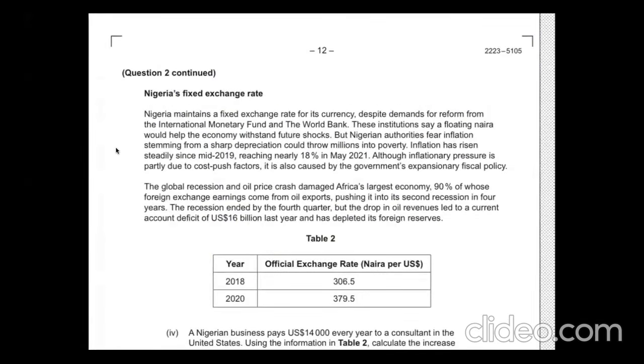341,528. The following information is about Nigeria's exchange rate market, where it adopts a fixed exchange rate system. Okay. So even if the IMF is recommending that it transform its system to a floating one, it doesn't, because it fears further devaluing, things like that.